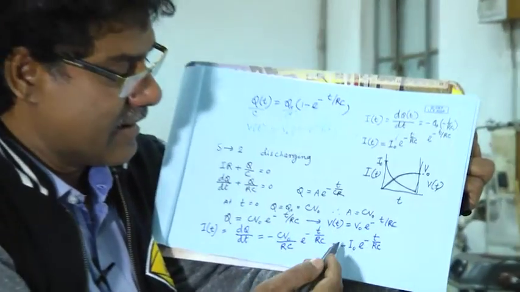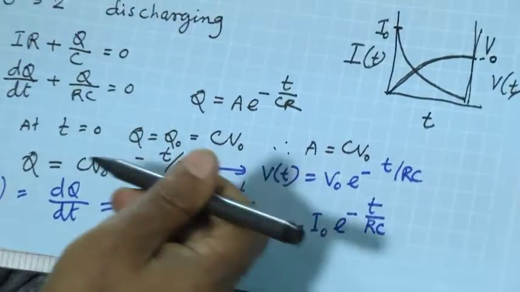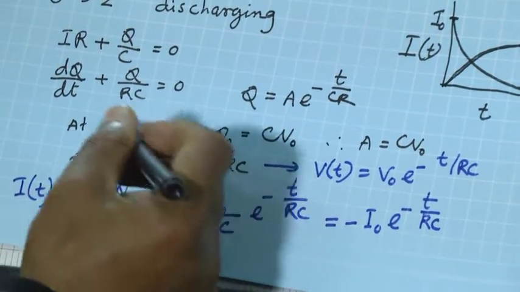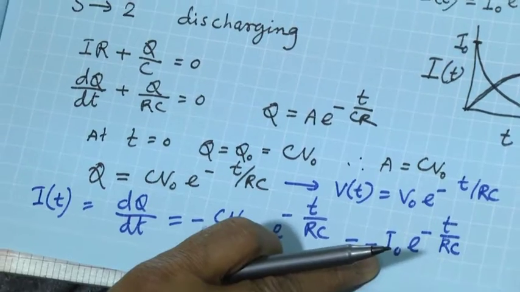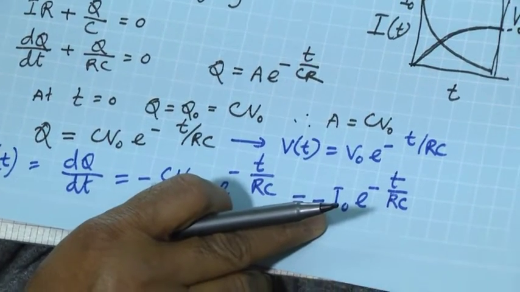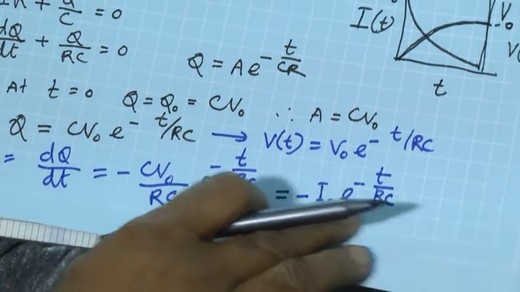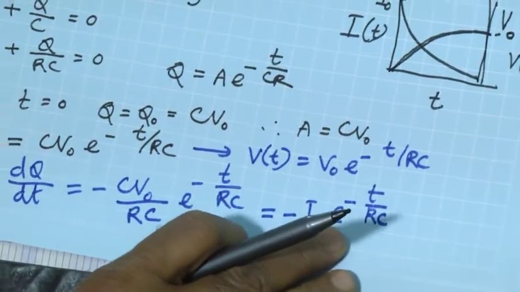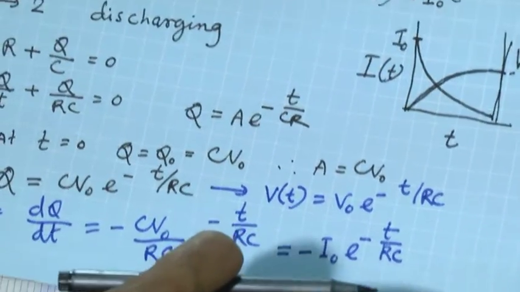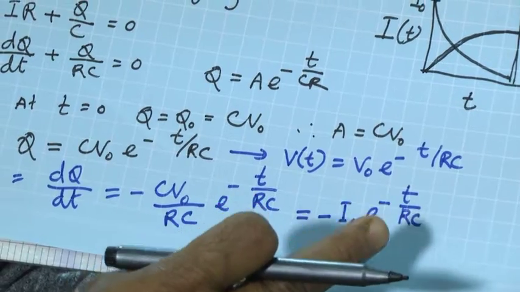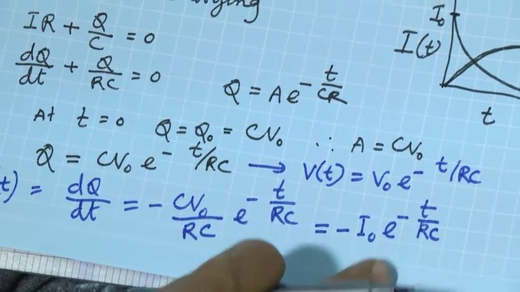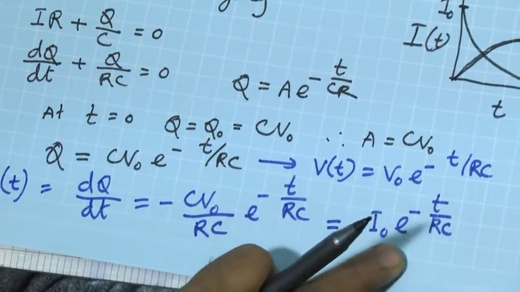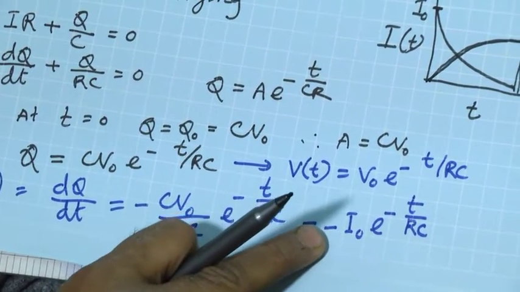So basically it is telling that current will flow in the opposite direction compared to the charging. During charging, whatever the direction of the current, during discharging the current will flow in the opposite direction, and the variation will follow this. So this is the exponential variation, but with a negative sign.